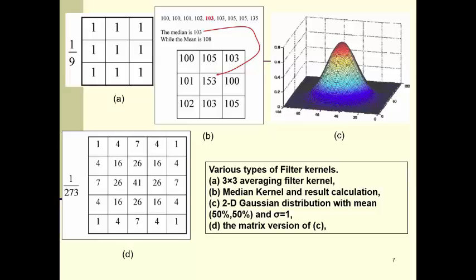The position of this pixel is x minus 1, y minus 1. This one is x minus 1, y. This one is x minus 1, y plus 1. This one is x, y minus 1. This one is x, y plus 1. And so on: x plus 1, y minus 1; x plus 1, y; x plus 1, y plus 1. Right?